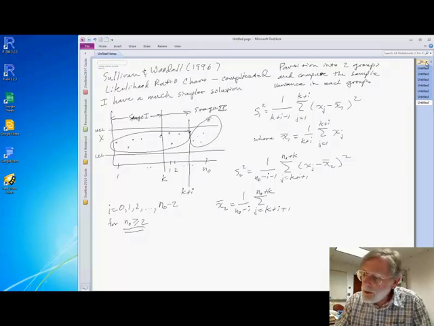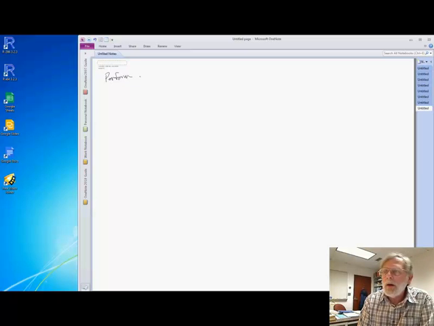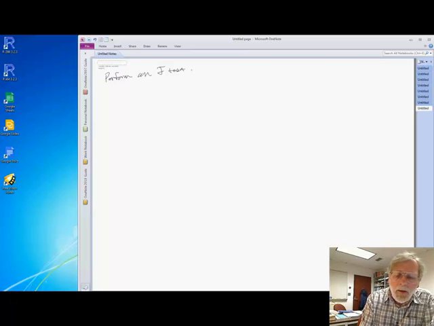Well, in your 210 book, you're going to find that you are on paper trained to perform an F test for the equality of variances.